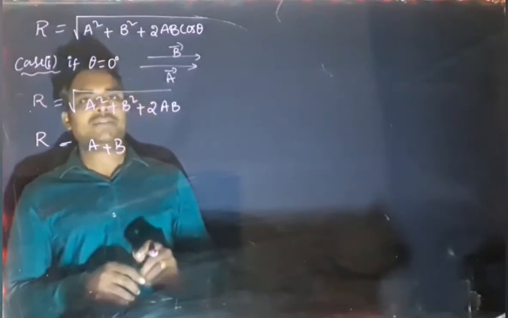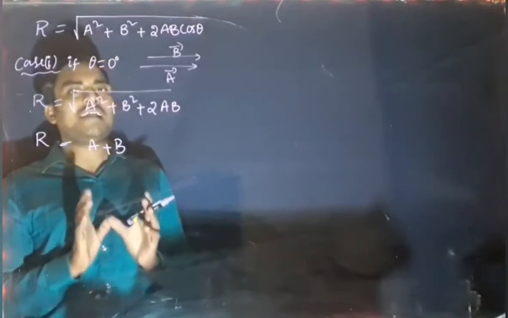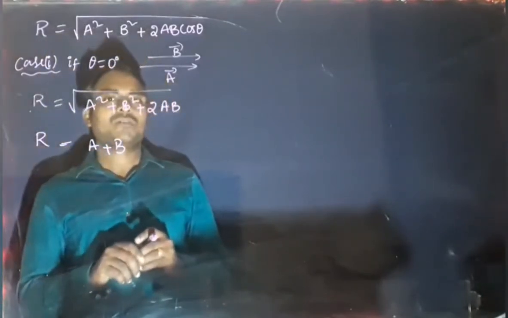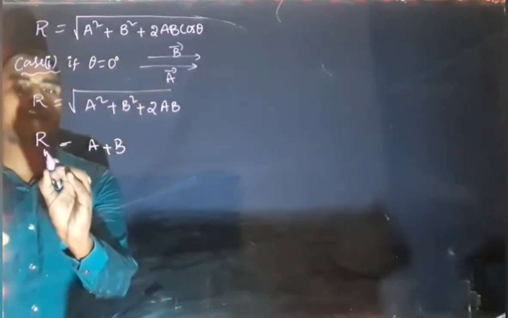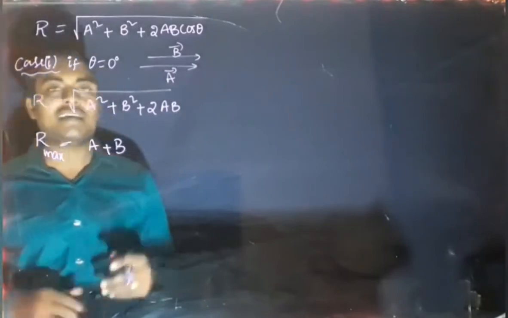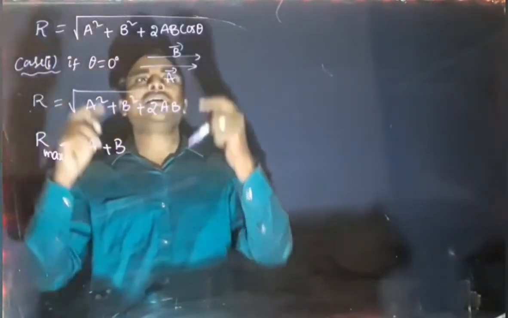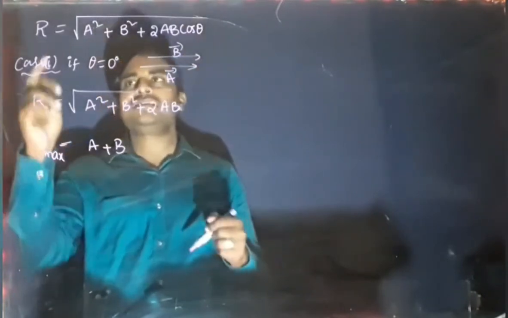You can substitute any other angle for theta, and you will always get a value less than A plus B. So A plus B is the maximum value of the resultant. Or you can understand directly: R and cos theta are proportional. If cos theta increases, R increases.